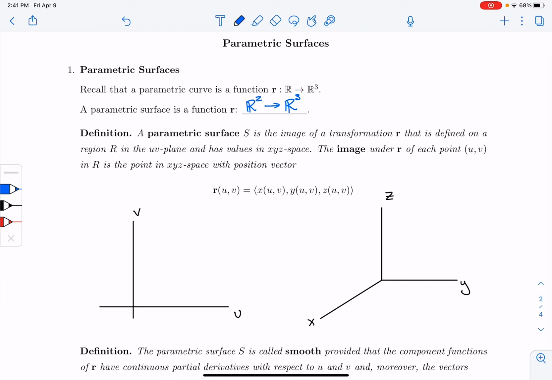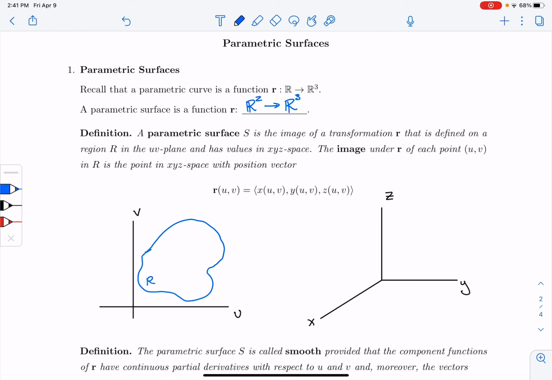So the first thing that I'm going to do is draw a region R in the UV plane in 2-dimensional space. So here I'm going to imagine that I have some region R in 2-dimensional space in the UV plane.